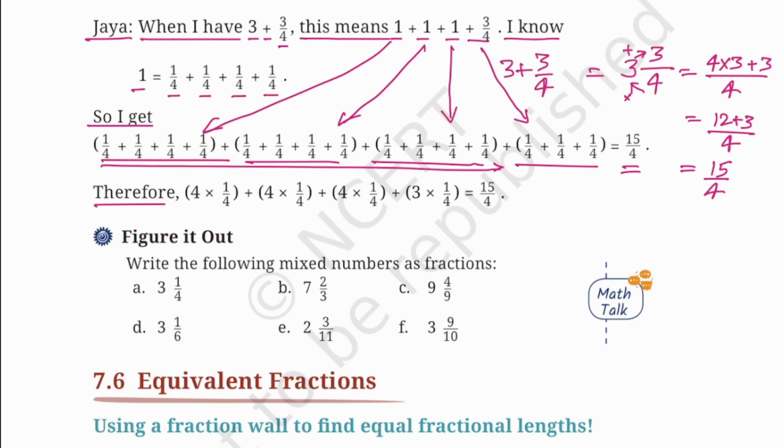Therefore, 3 into 1 upon 4 added with 3 upon 4 will give you 15 upon 4.